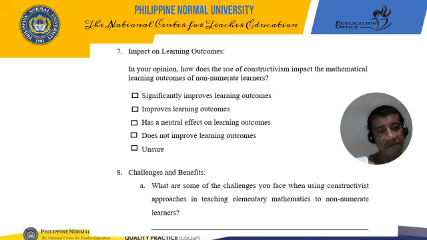For number 7, in your opinion, how does the use of constructivism impact mathematical learning outcomes of non-numerate learners? Again, in your opinion, how does the use of constructivism impact the mathematical learning outcomes of non-numerate learners?